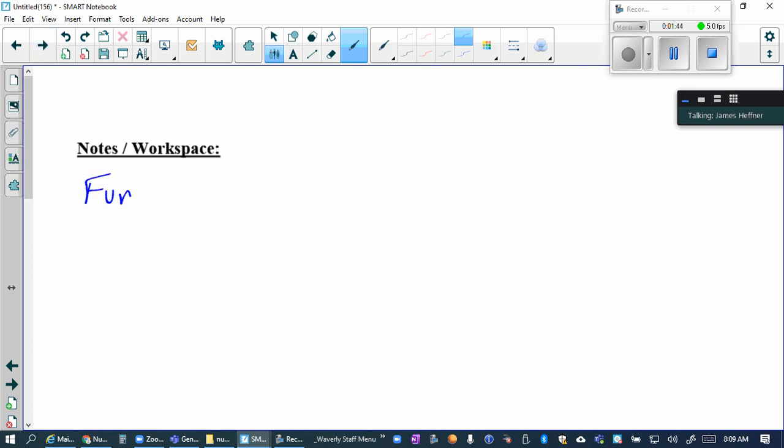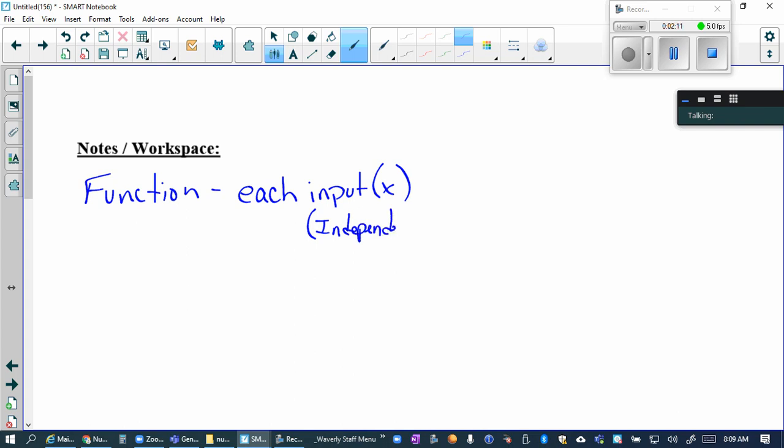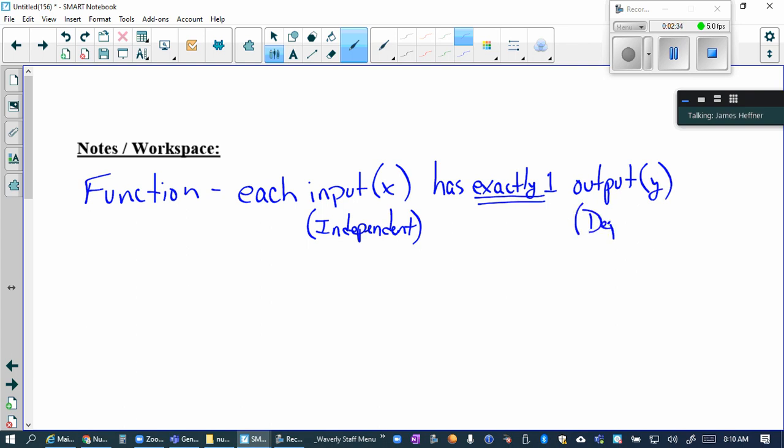So, a function, just to clarify: a function is a relationship where each input, I should say, each input or x value, or we would call that the independent variable, has exactly one output, or y value, or dependent variable, okay?